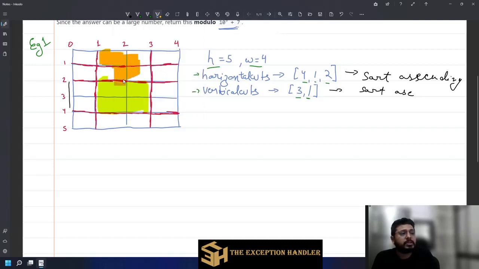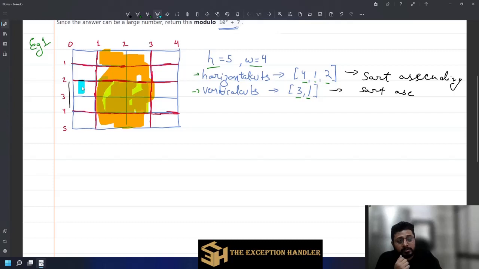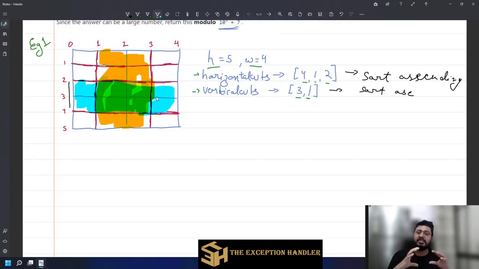And on the horizontal side, if you take a piece of cake from this maximum height, the common area that comes up is the maximum area that you can pick up.